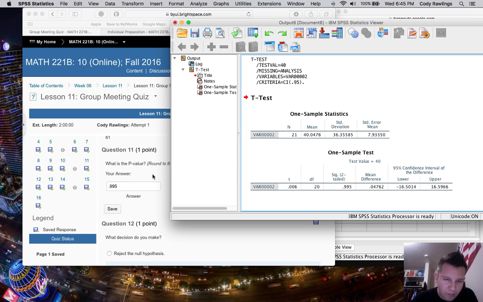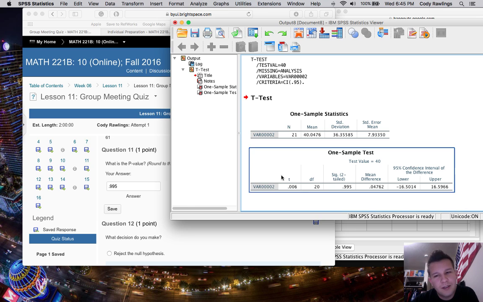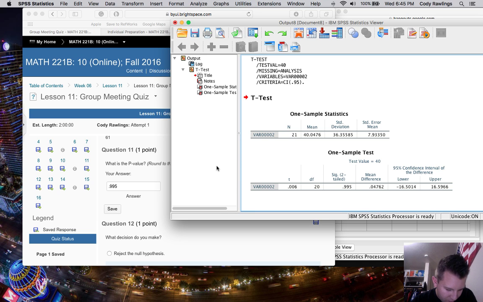But I'm wondering if it's 0.995. I got 0.498, because she says she divided it by 2. Did you do that, Cody? Yeah. What I got was 0.4975, and so I just decided to round it up to 0.50. But I don't know if that's right. Well, it was 3 decimal places.